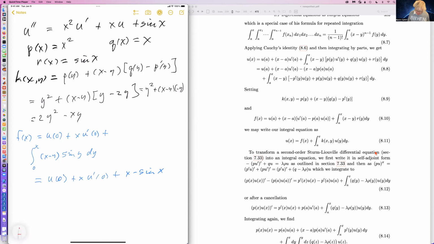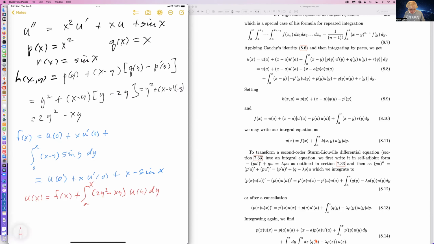Well, it said that u of x is then f of x plus an integral from a to x of k of x y. Well, k of x y is 2y squared minus xy. And now we multiply that by u of y dy.